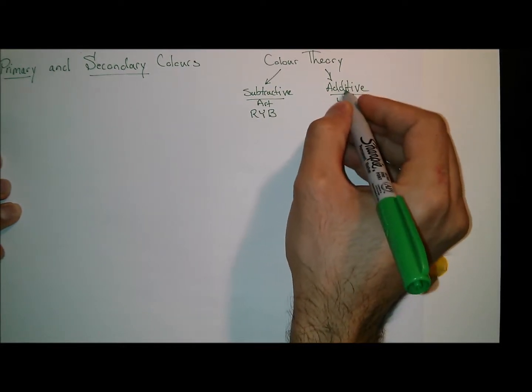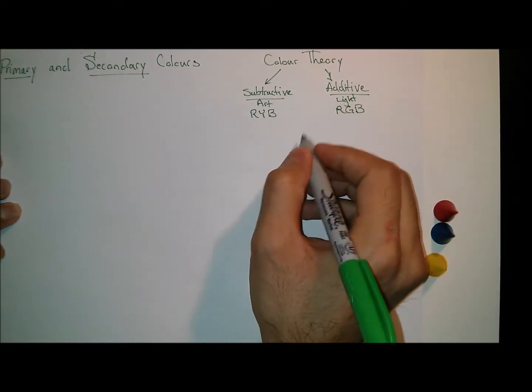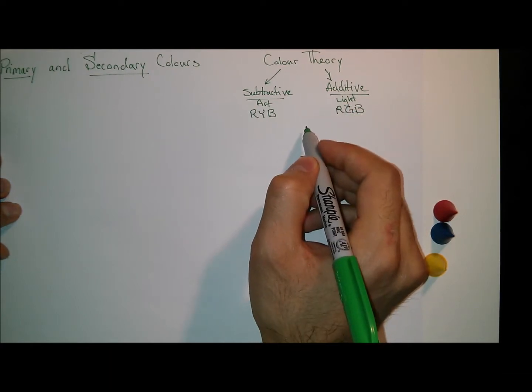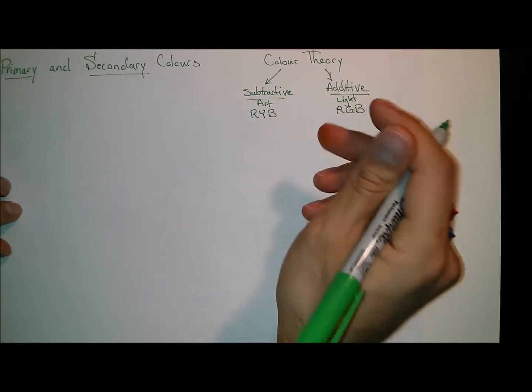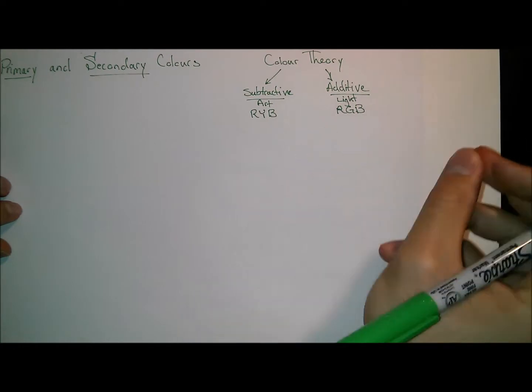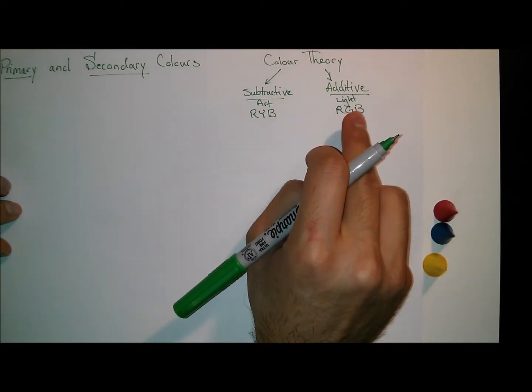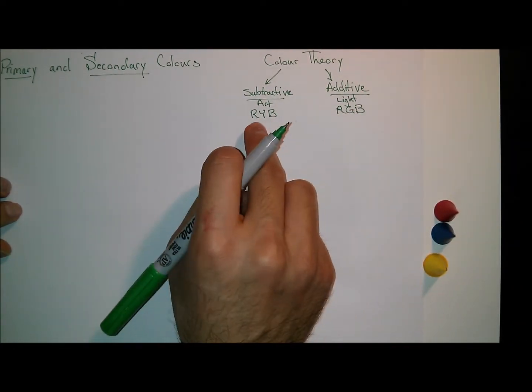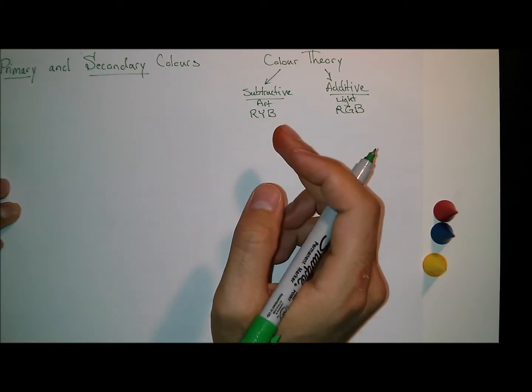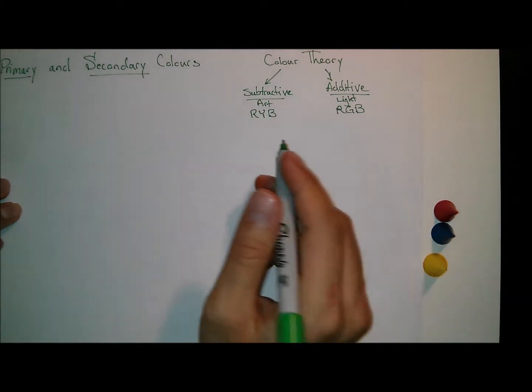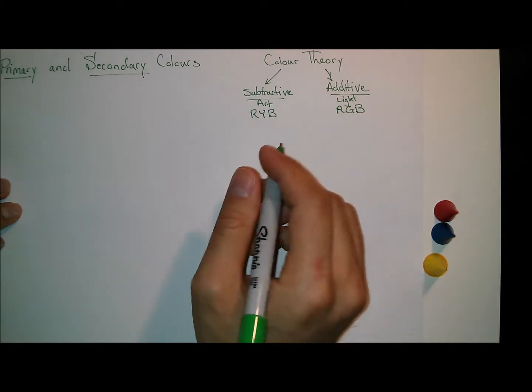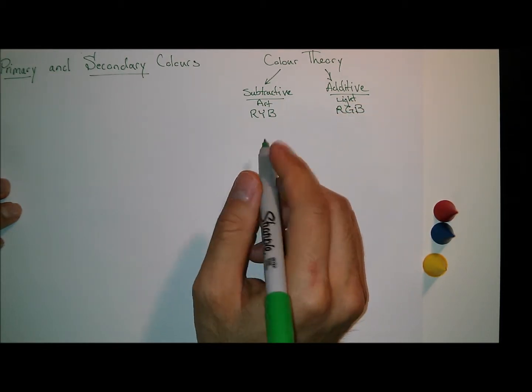This is more science-based, how your eyes see and perceive colors in the photoreceptors, specifically in cones. Subtractive is the one that we use in art to make pictures, to paint and so on.